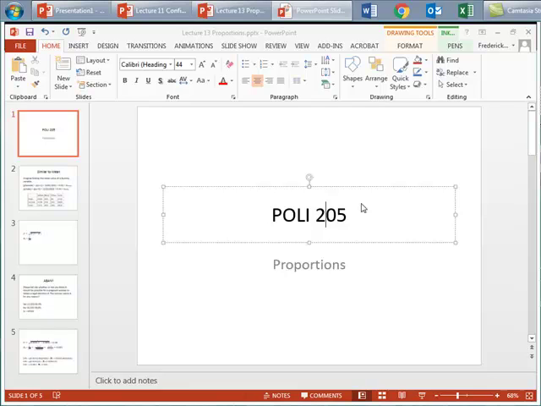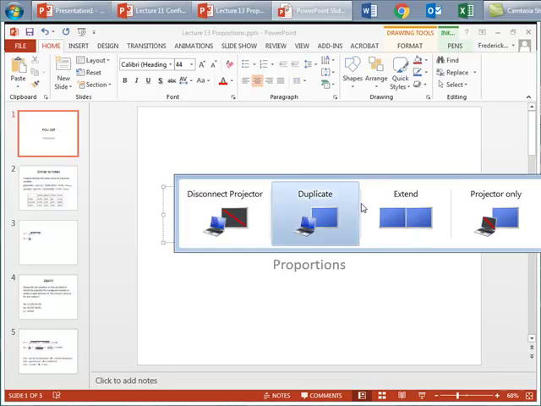Okay. So a proportion, or a percentage, is paying attention to numbers as part of a group.